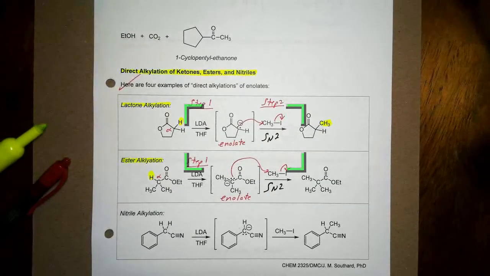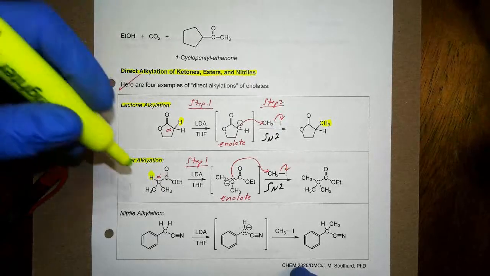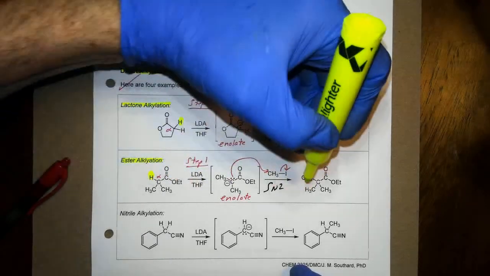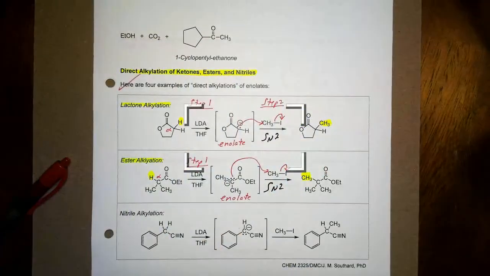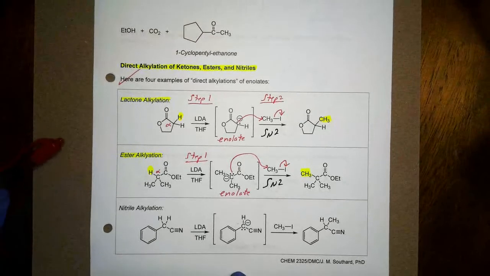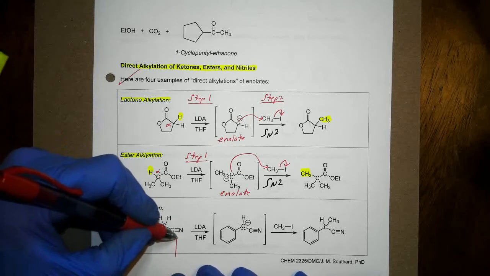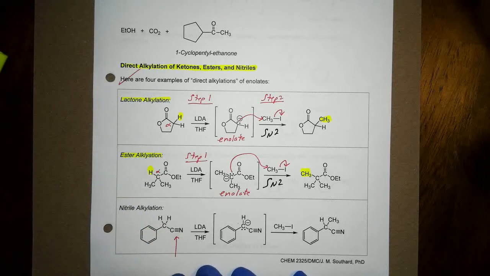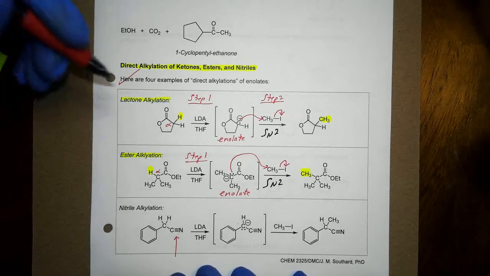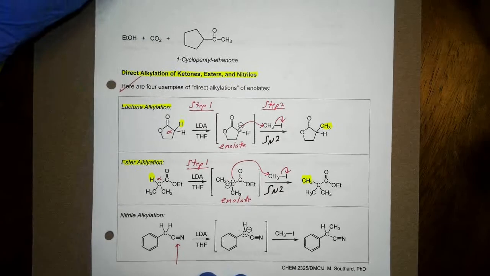So these are very much alike in some ways. We used to have a hydrogen there. You replace it with one of these methyl groups. So this would be a direct alkylation example. Now, does it have to be a carbonyl? Not necessarily. Y'all remember what that was called? That's called a nitrile.